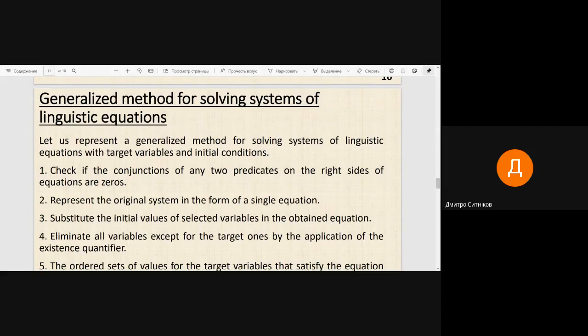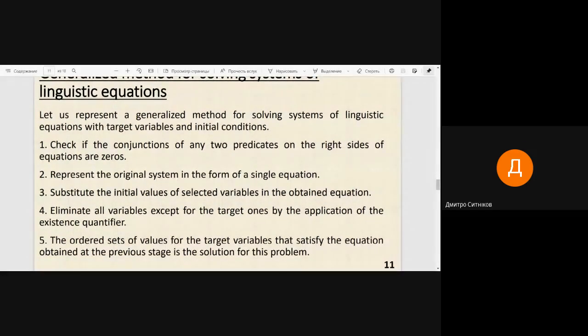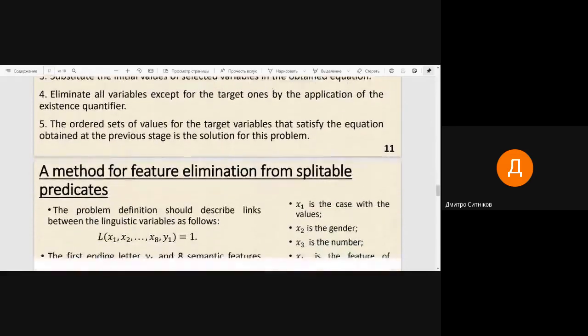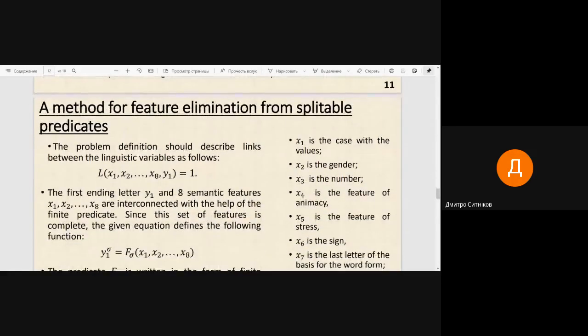Represent the original system in the form of a single equation. Substitute the initial values of selected variables in the obtained equation. Eliminate all variables except for the target ones by the application of the existence quantifier. The ordered sets of values for the target variables that satisfy the equation obtained at the previous stage is the solution for this problem.